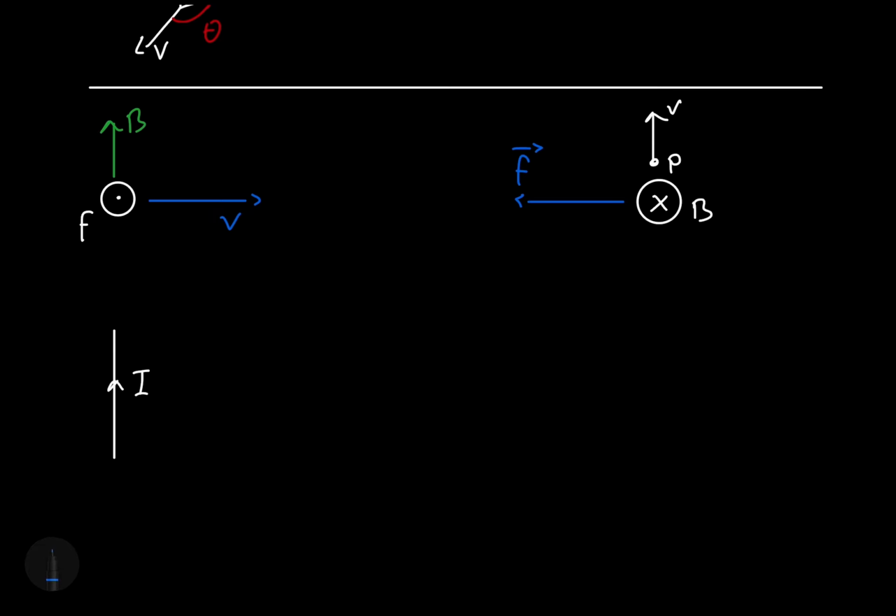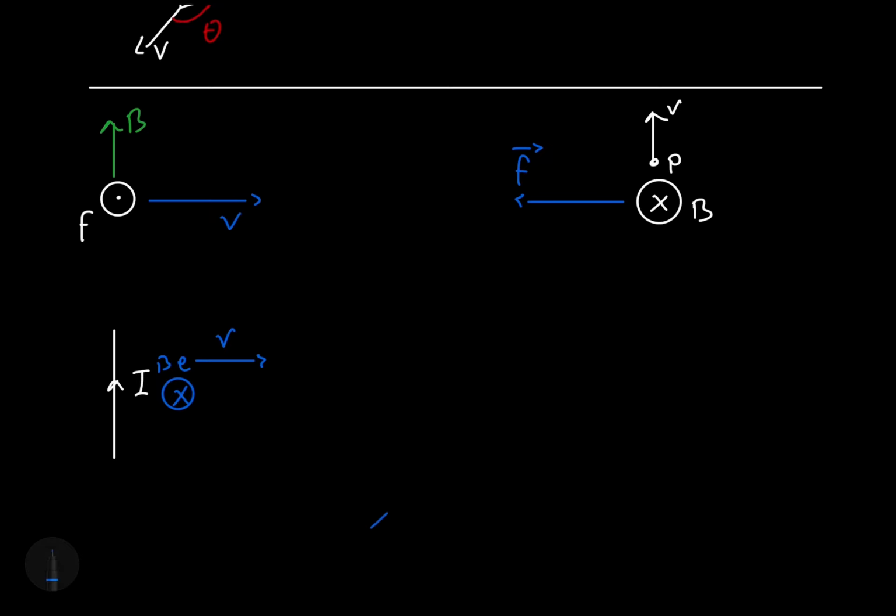Let's say an electron is going to the right, and we have a magnetic field that is directed into the page on the right side, because if you were to grab this straight current-carrying wire and swing your four fingers around it, on the right side the magnetic field would be directed inwards, whereas it would come out on the left side.